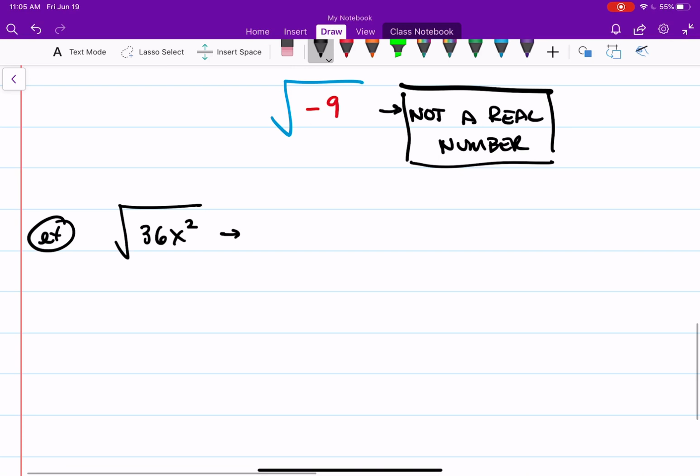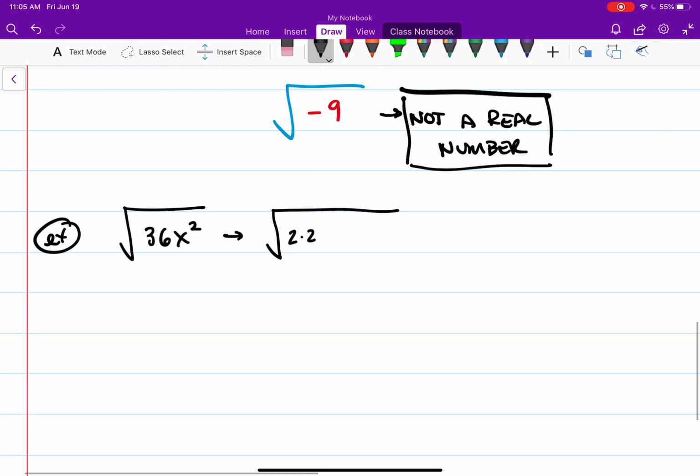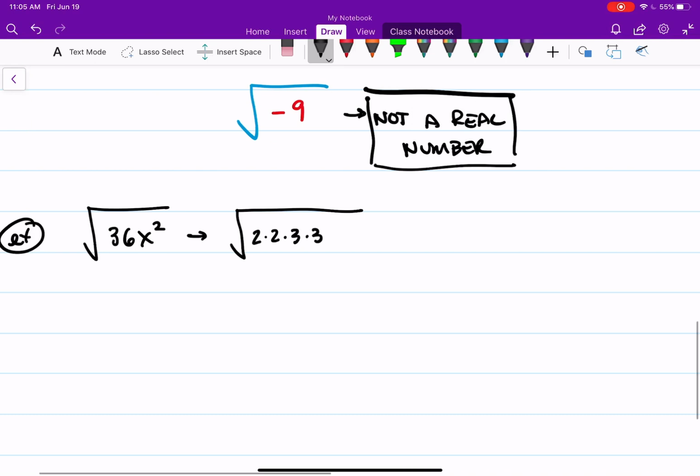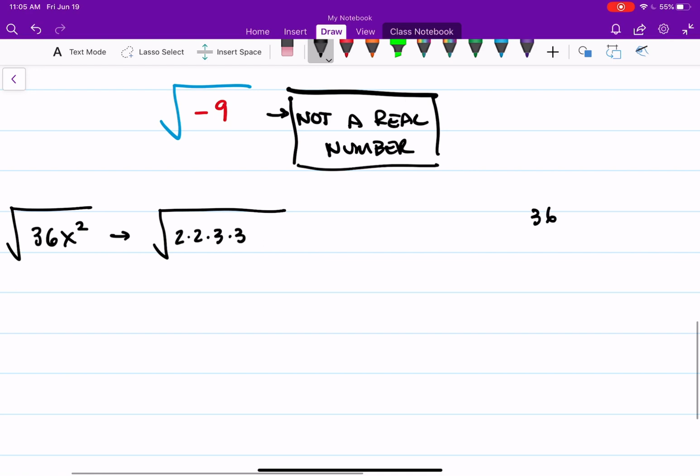So this is going to be the square root of 2 times 2 times 3 times 3. That's 36, if you did your factor tree: 36 is 6 times 6, which is 2 times 3, 2 times 3.